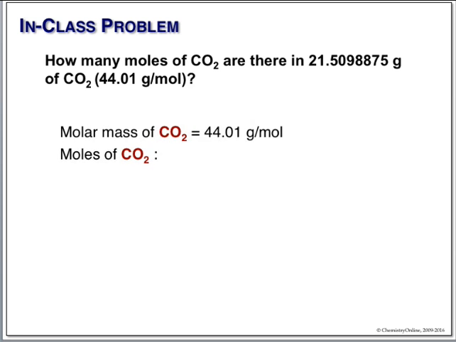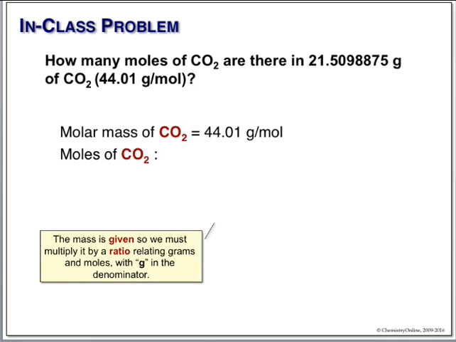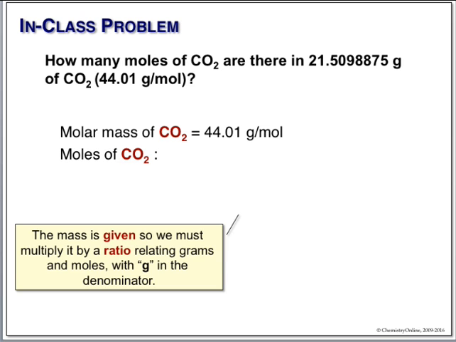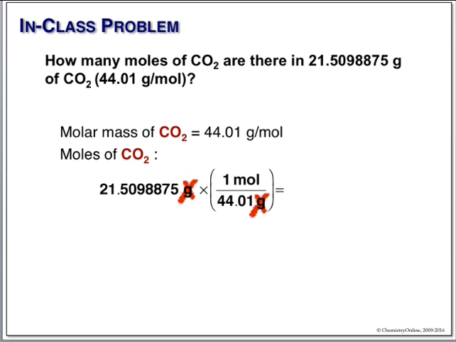Our molar mass is 44 grams, and we're trying to find the moles of CO2. Our given, 21.5 blah, blah, blah grams. Our ratio here, we flipped it upside down, so grams are in the denominator, and they're going to cancel. All we do is simply multiply this out, which is actually division. Mass divided by molar mass gives us moles.